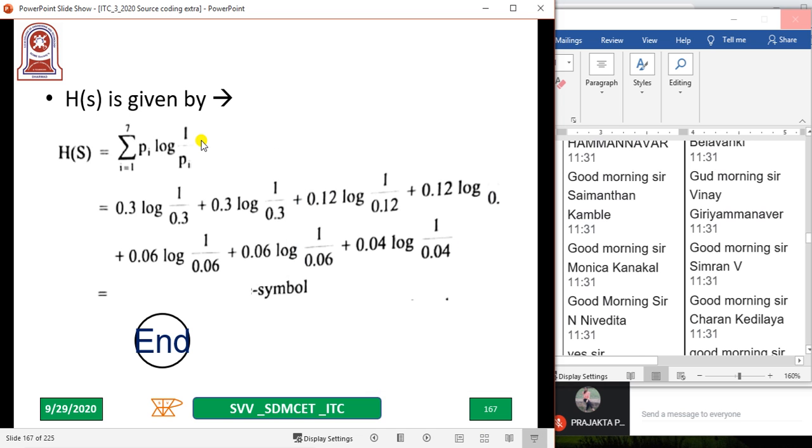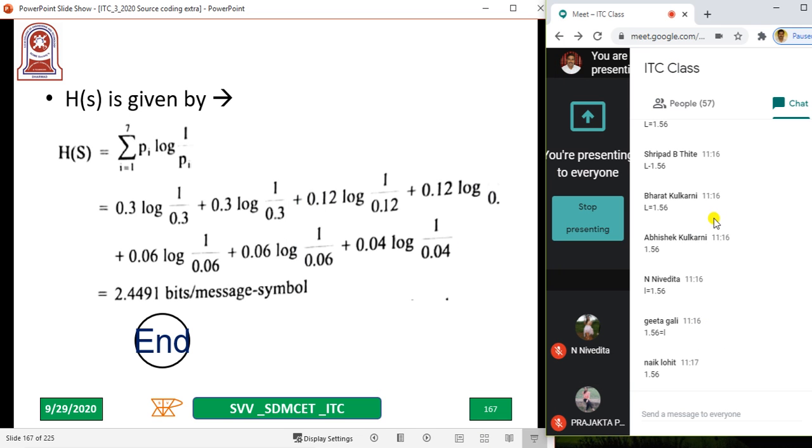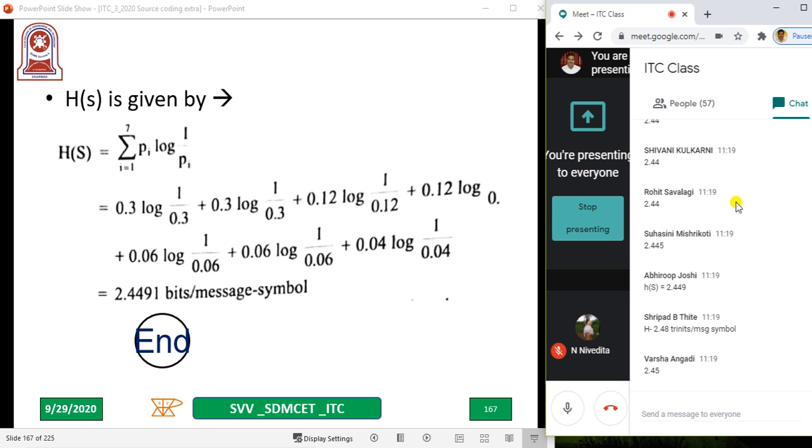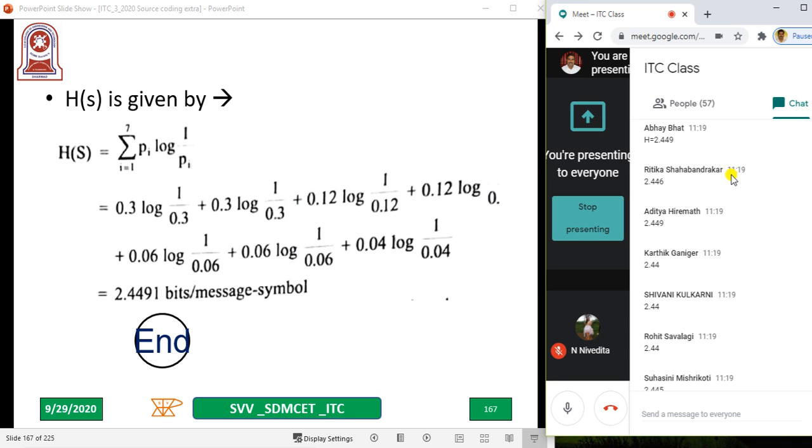The answer H of S that I got is 2.44, and most of the students typed 2.44. Many have got the same answer.